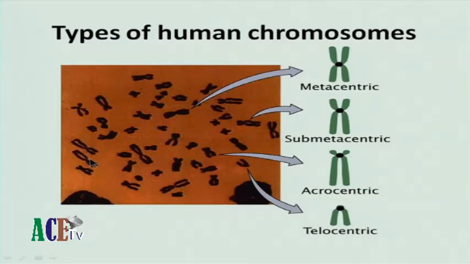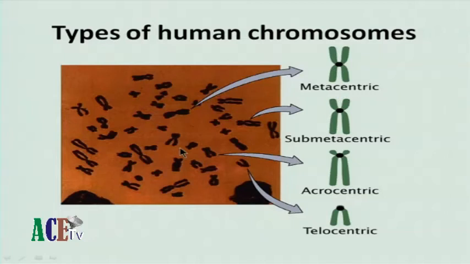Look at this one and this one, they are close together. So you're going to cut them, then you can also measure them so as to know that they are of the same size, then place them together based on their structure. That's what we call karyotype.